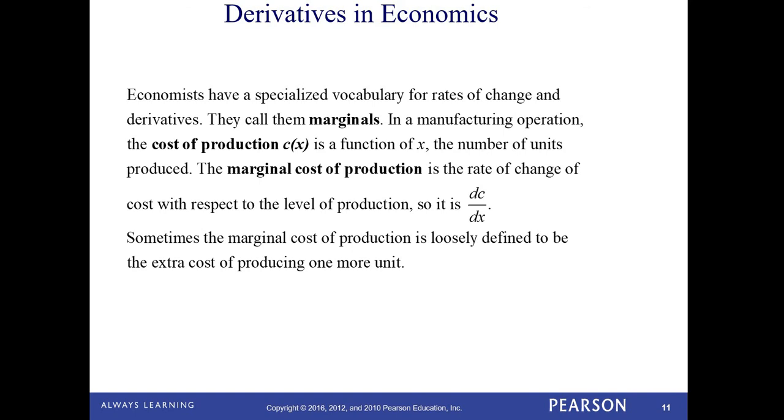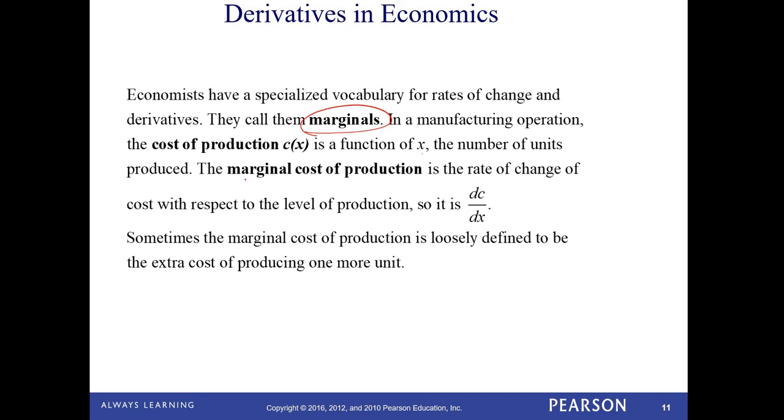So that ties into economics. Economists have a specialized vocabulary for rates of change in derivatives. They call them marginals. So if you hear that in an economics class, it's just rate of change. In a manufacturing operation, the cost of production is a function of x, the number of units produced. So C of x gives us a cost.